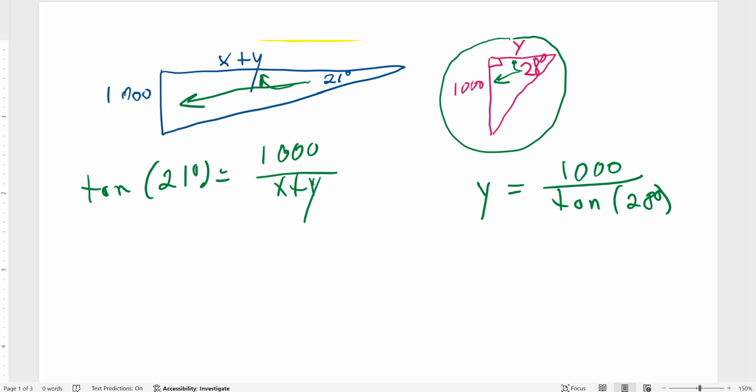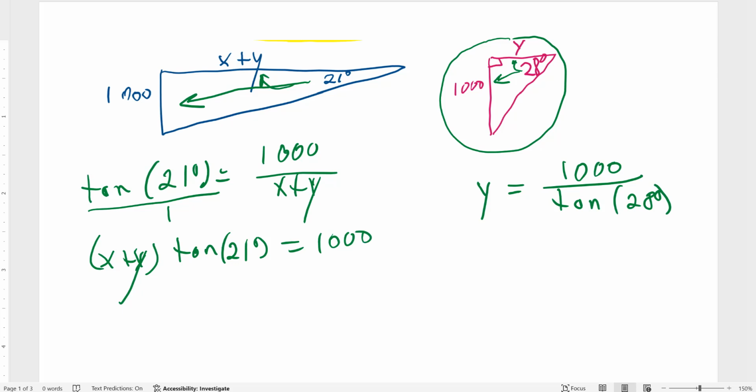I am going to, again, cross multiply. I'm going to get x plus y, that entire quantity, times tangent of 21 degrees equals 1,000.